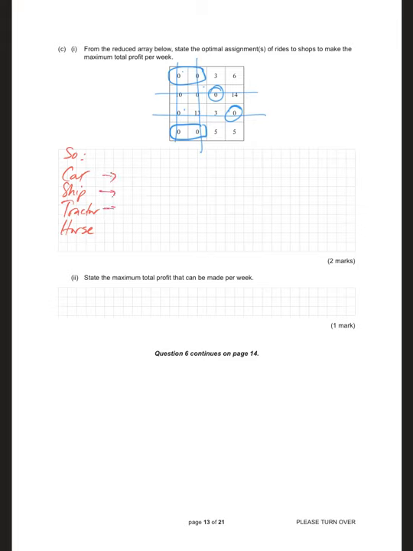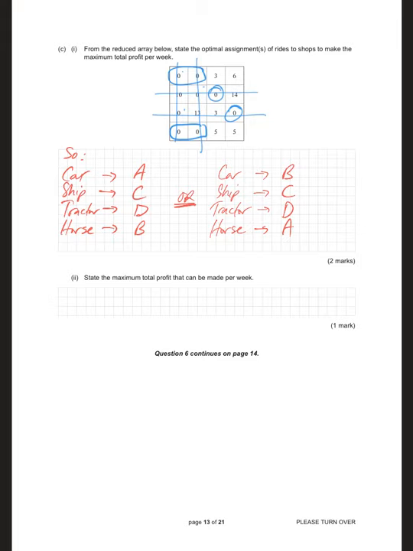Arrows, could be shop A. Ship would be shop C. Tractor would be shop D. And then because car did A, horse would be B. Or because of the multiple optimal solutions, car, ship, tractor, horse: the car could do B. The ship would still do C. Tractor would still do D. But the horse could do A as the other option.